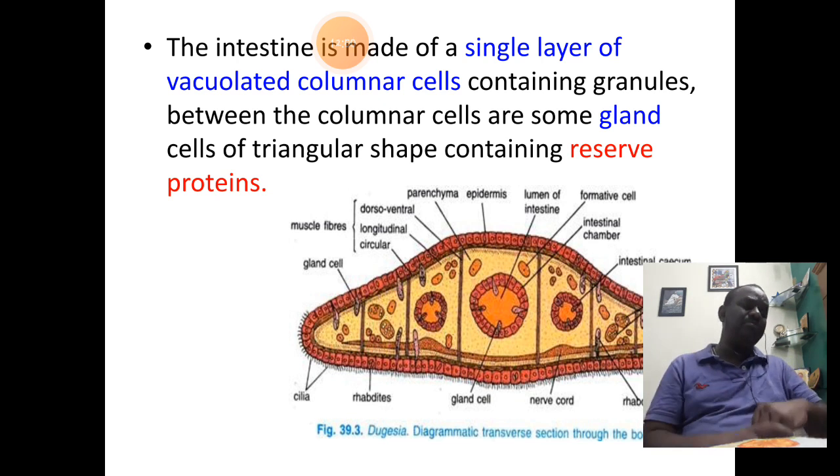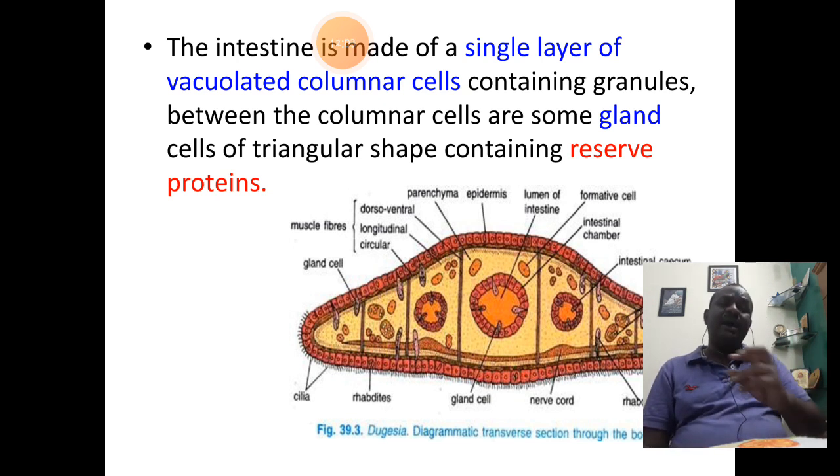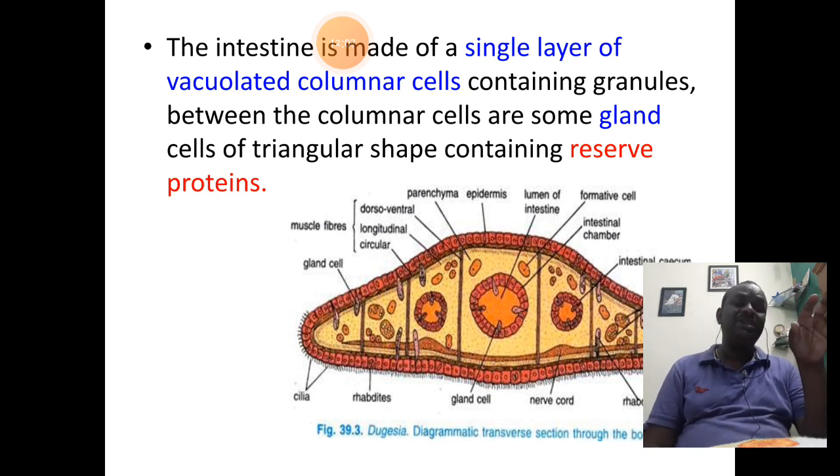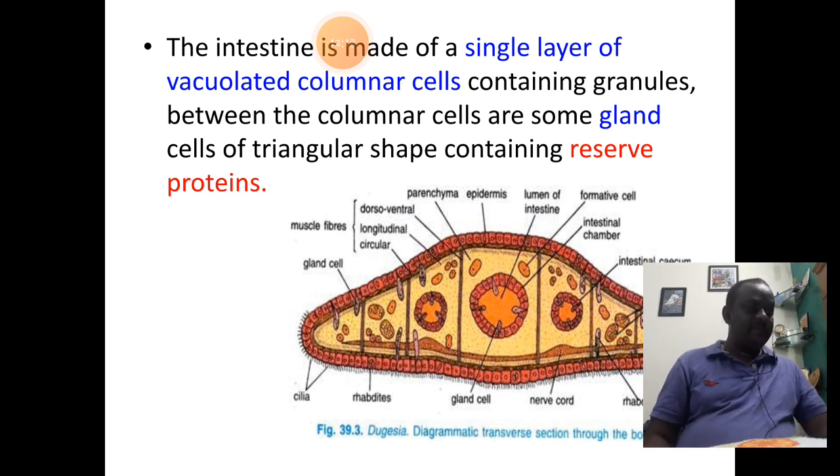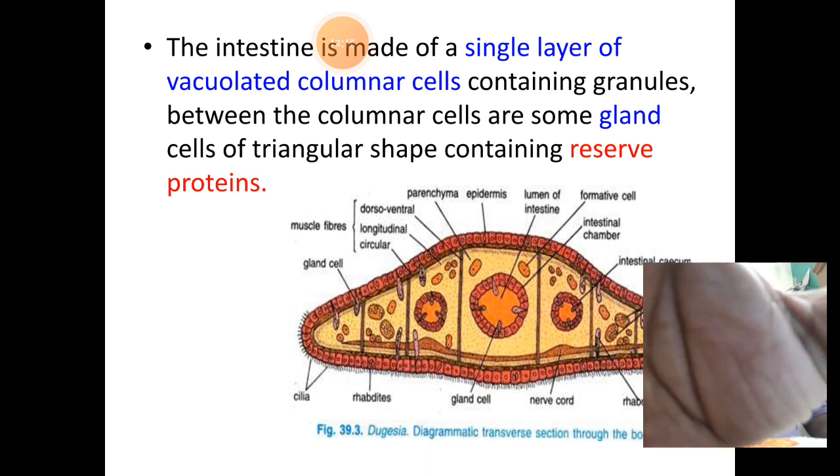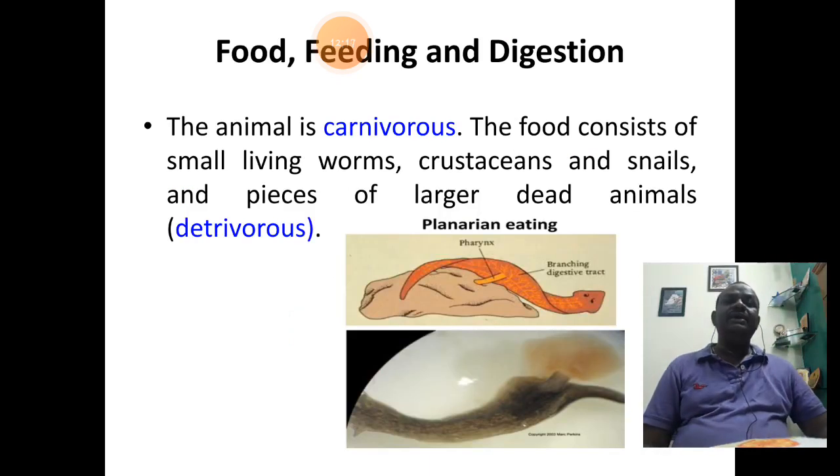So this is about the importance of the intestinal wall layer, and it encloses a large cavity for the inflow of food. So that's about the alimentary canal structure.